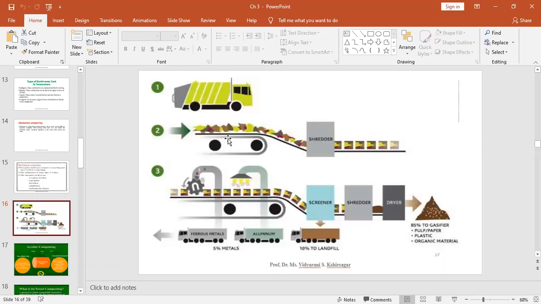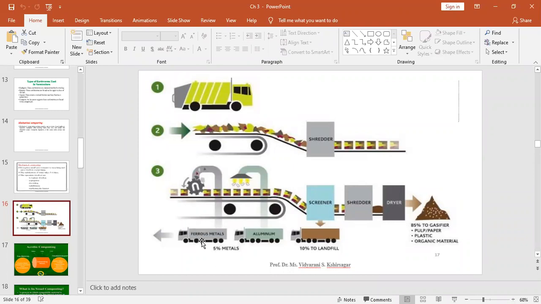In mechanical composting, we are converting the waste into small pieces, so segregation is very important. Through that segregation process we get the required material, and we are able to separate out some non-decomposable material. Different types of separators can be provided.